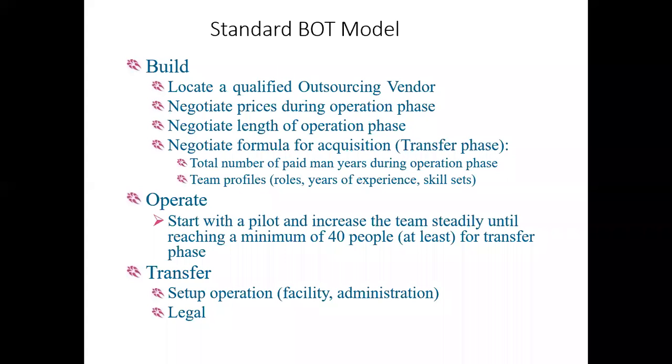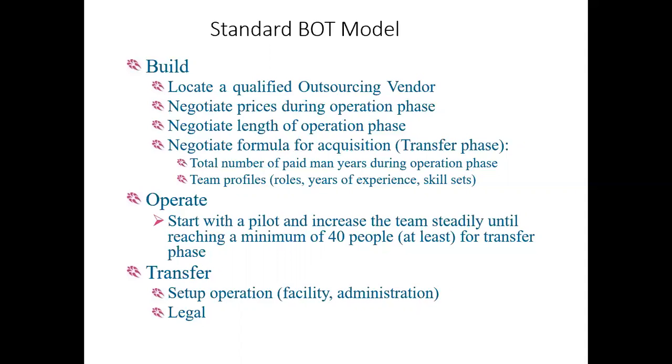Or sometimes due to some political people, toll booths are burnt and damaged and all these things. So all legal aspects are considered at the time of transfer. So not only setup, facility and administration are important, but these legal points are also important at the time of transfer.